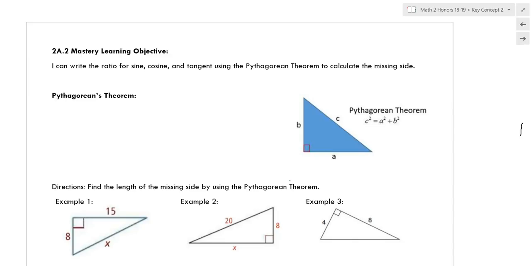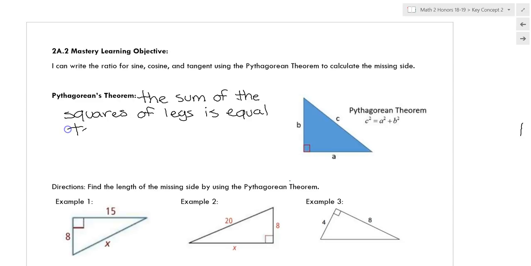Pythagorean's theorem says the sum of the squares of the legs is equal to the square of the hypotenuse.